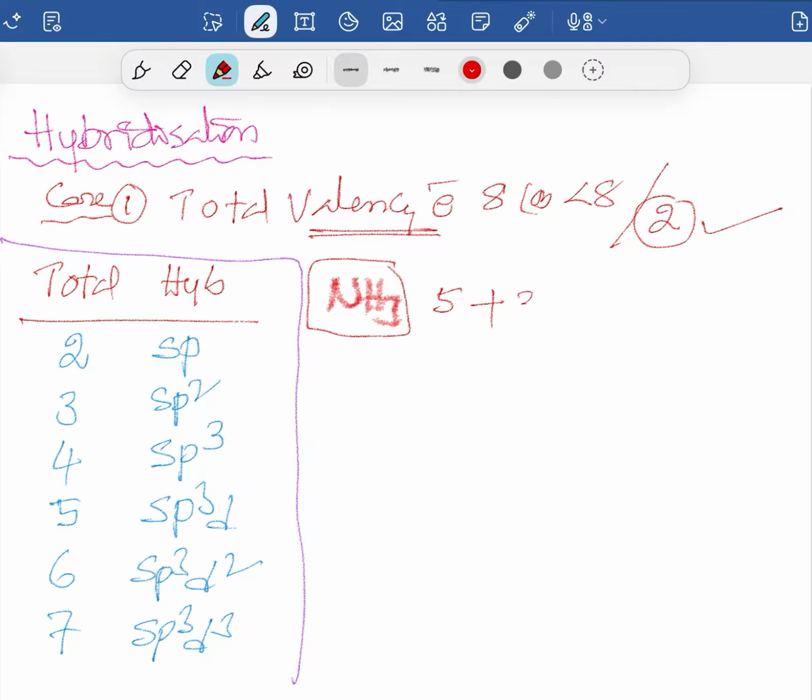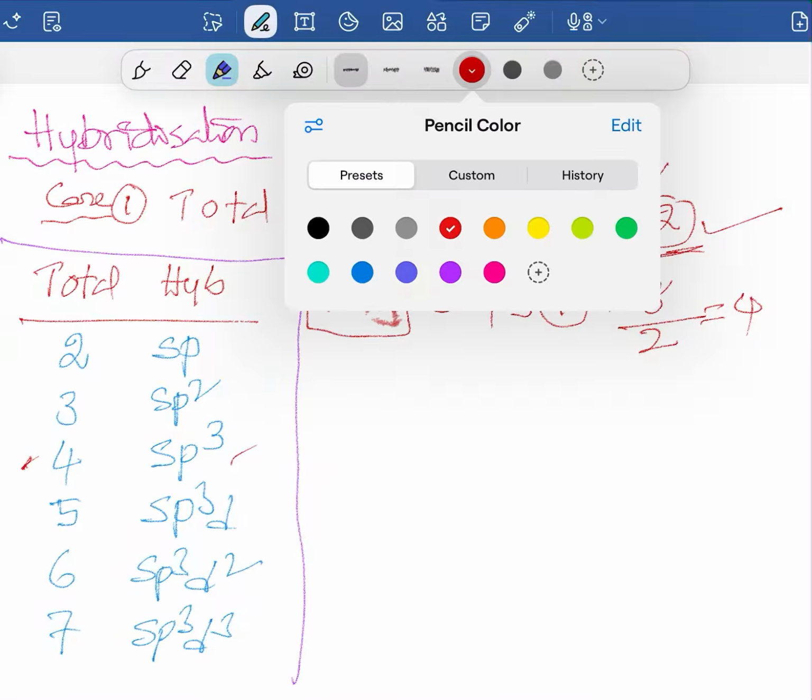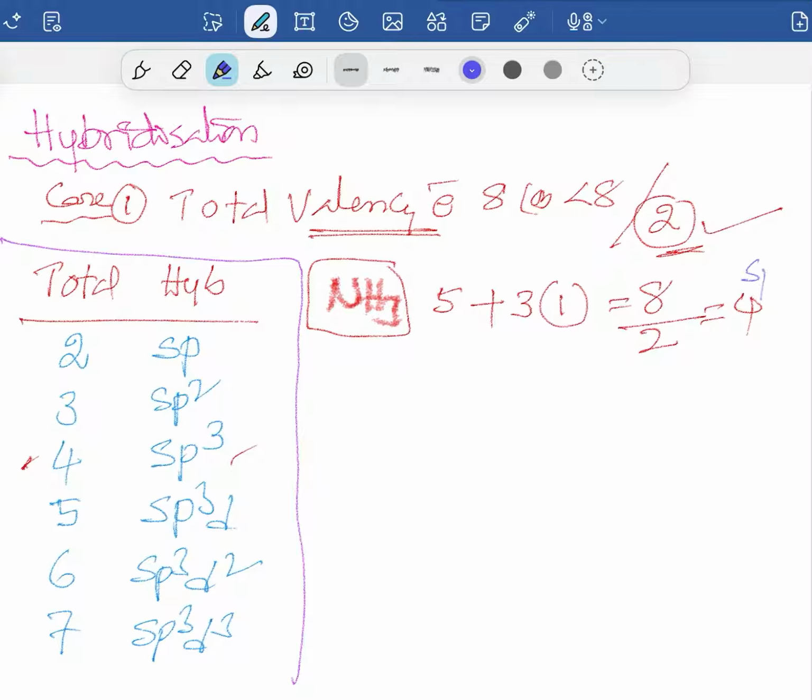It contains 3 hydrogens, one each. So the total is 8. This is divided by 2, so 4. Therefore 4 is sp3 hybridization. The hybridization is sp3.